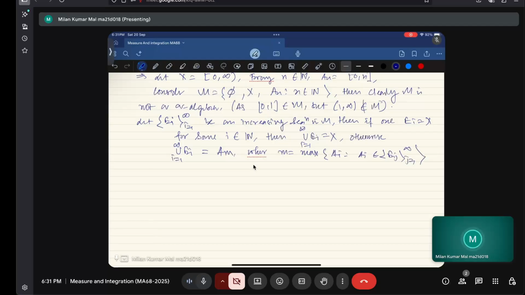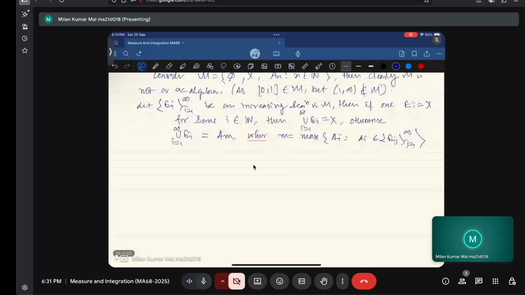So that can be infinite as well. But whatever, if it is infinity, then it will be the full set. Okay, but that means that is there.